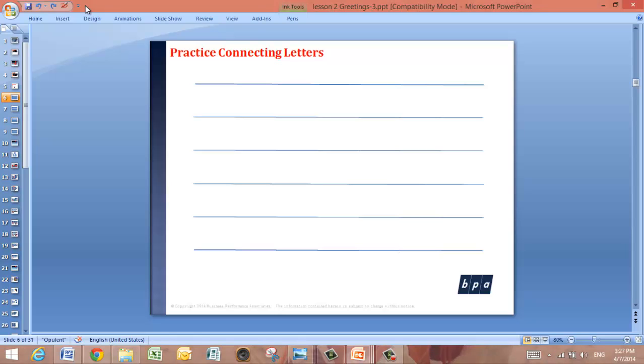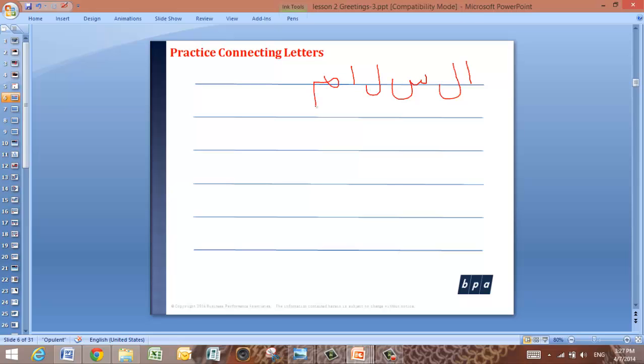So the first word was Assalam, which has an alif, lam, then sin, then lam, then alif, and then meme. Now I will show how to connect these letters together, and I'll put the vocalization on some of the letters for illustration. So first is alif.